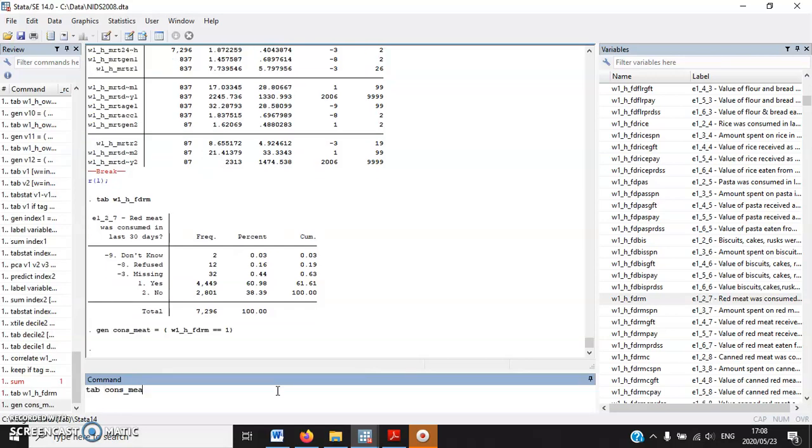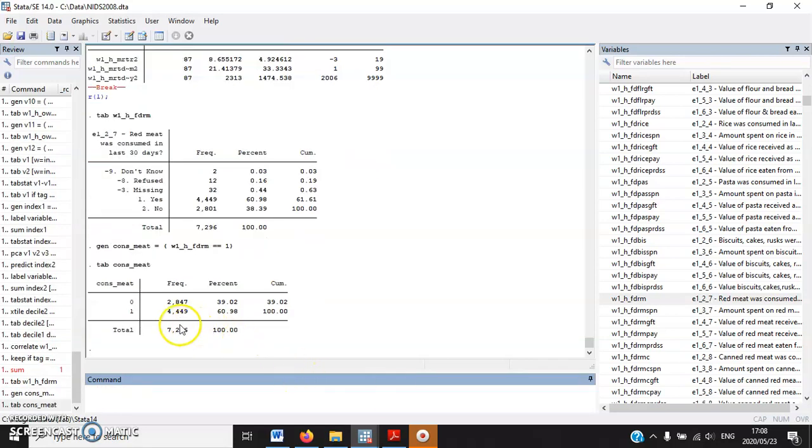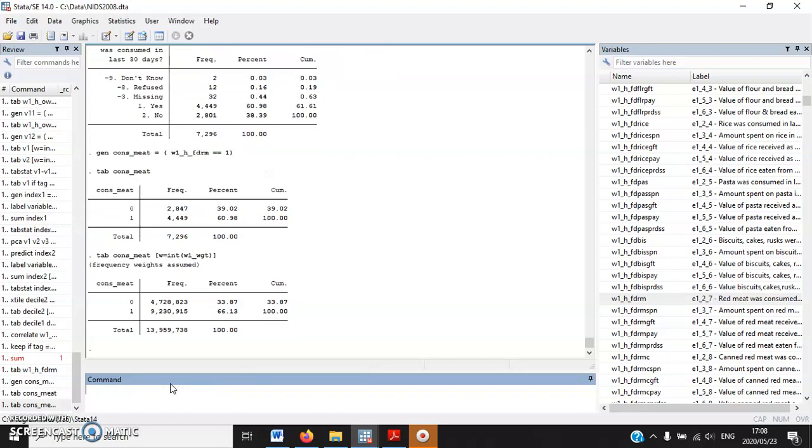And let's tag this dummy. Yeah, 4449. And then in weighted terms, household weight in some way. Okay, this is equal to household weight. Okay, in weighted terms, about 2/3 of the households consume red meat in the last 30 days.